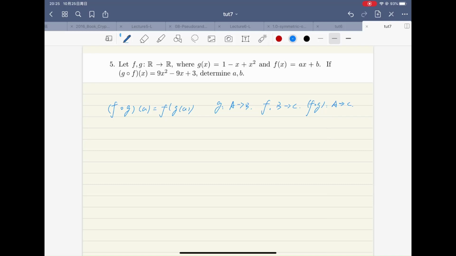And it says if (g composite f)(x) equals 9x squared minus 9x plus 3, determine the coefficients a and b.